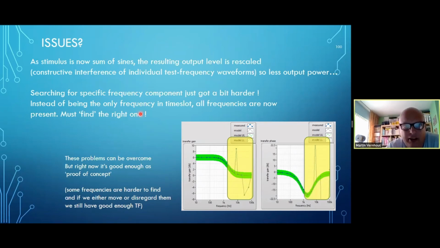And all frequencies are present because it's a parallel of all those sines. So that sometimes leads to some spikes, and these problems can actually be overcome quite simply. But right now, that's good enough for our proof of concept. You see that most of the points lie on the curve, and there are some very strong outliers there, and they are actually always at roughly the same locations.